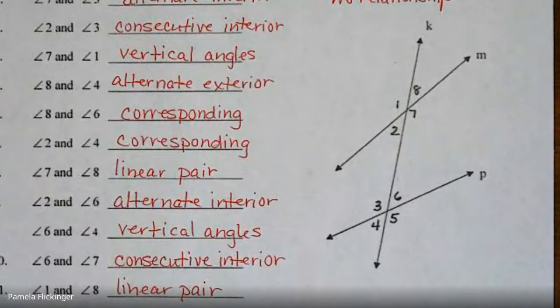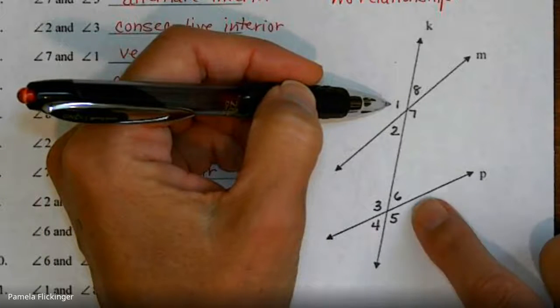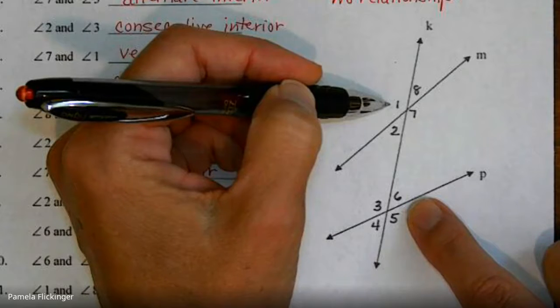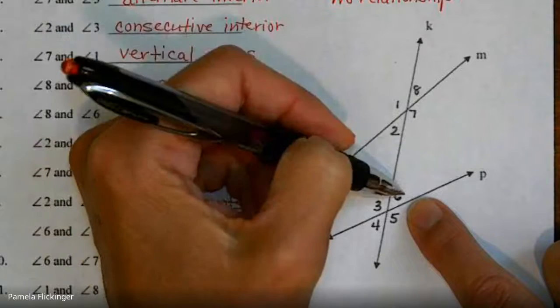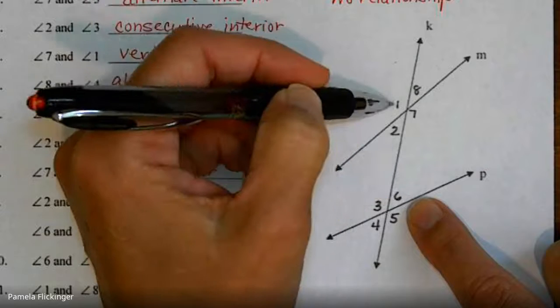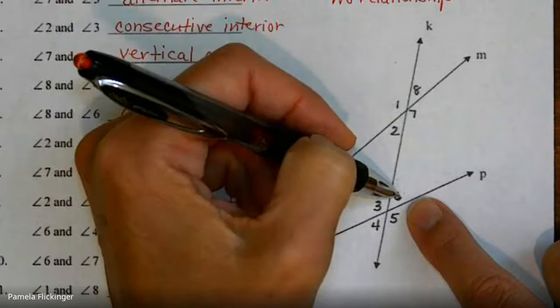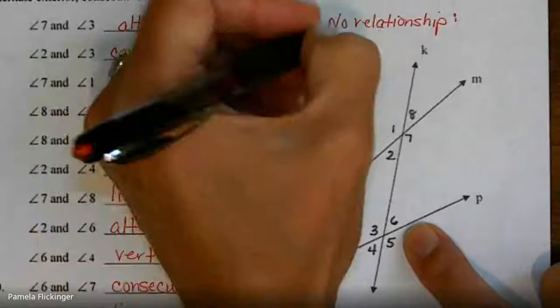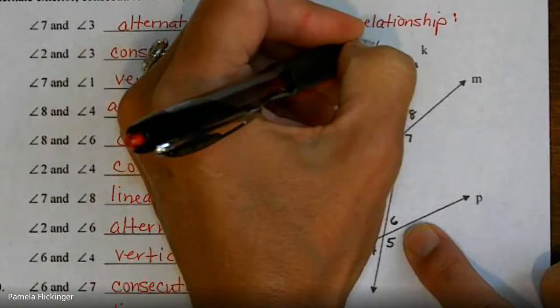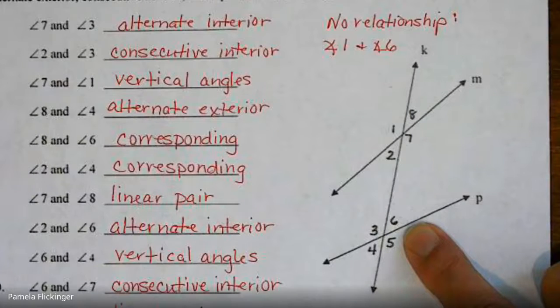For example, angle 1 and angle 6, they're on different sides, but one is exterior and one is interior. There's no special name for that. So angle 1 and 6, you would simply say that those have no relationship.